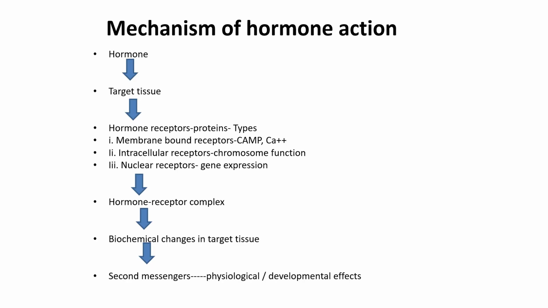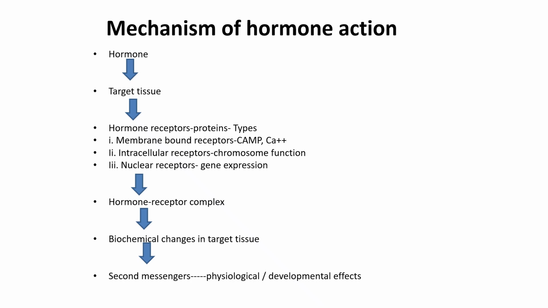So mechanism of hormone action. The hormone reacts with the target tissue, on which the hormone receptors are present. They are protein in nature and the types of hormone receptors are three. One is the membrane bound receptor. It has second messengers like cAMP, cyclic adenosine monophosphate, and calcium.